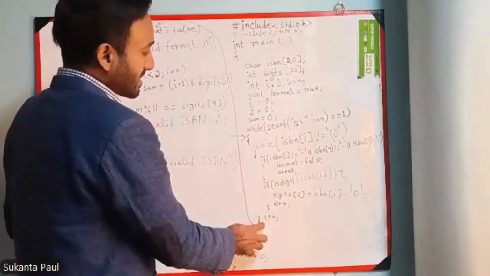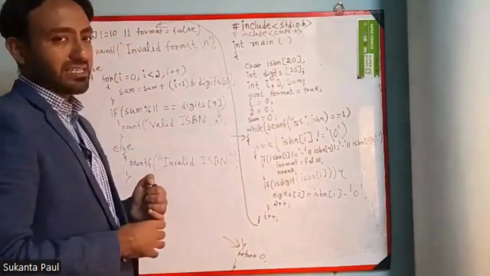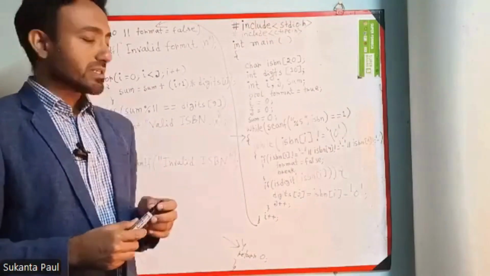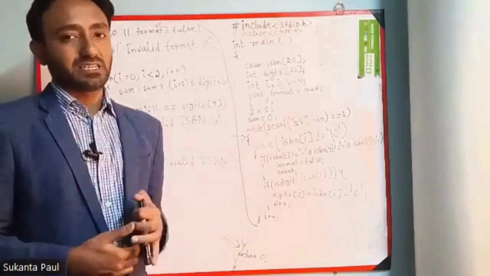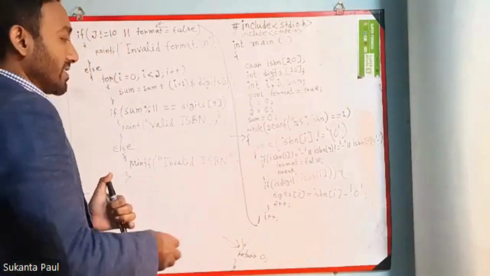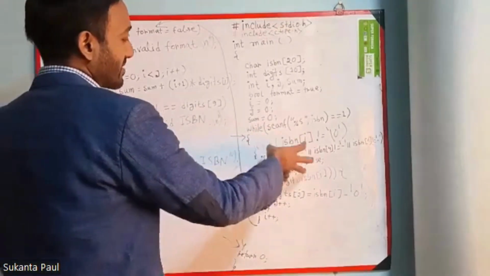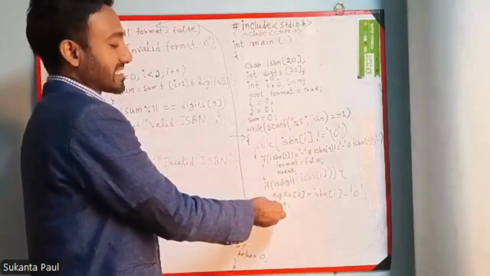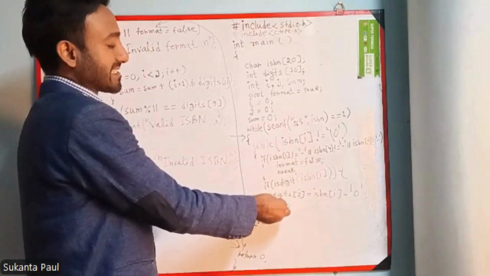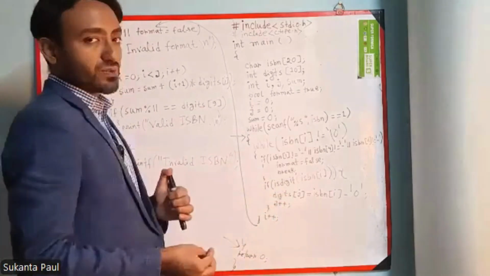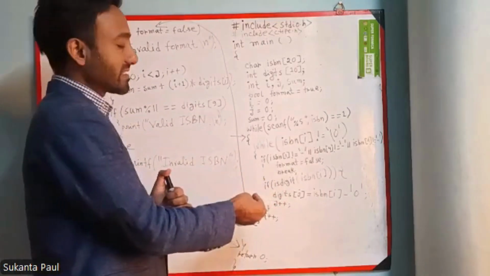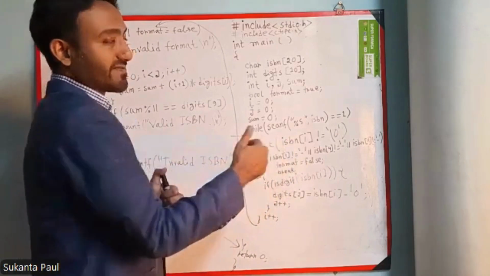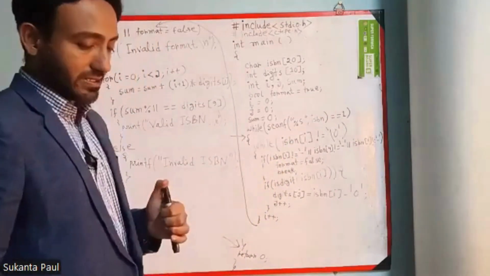We also need to increment the value of i, because we need to scan all of the ISBN characters. That's why we move forward with i plus plus. So here we're converting all of the character digits into integer digits, saving them into the integer digits array, and we are also checking whether it is a valid format or not. If it is not a valid format, we just set the variable format to false.